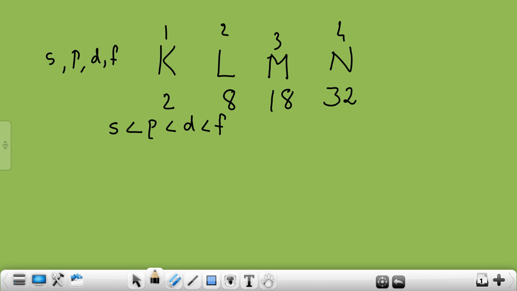So the least energy subshell is s, and the highest energy subshell is f. So remember that the electrons are filling in the subshell in the increasing order of energy. There are 4 subshells, namely s, p, d, and f.